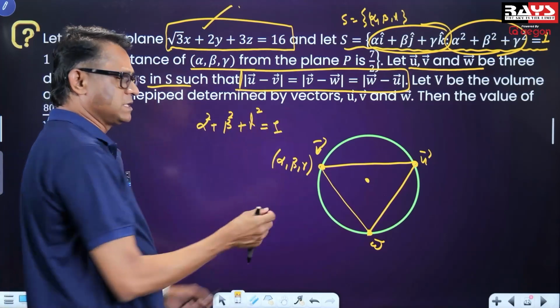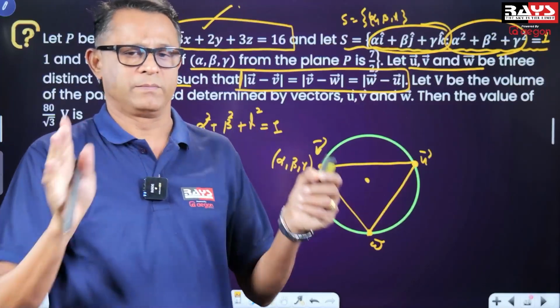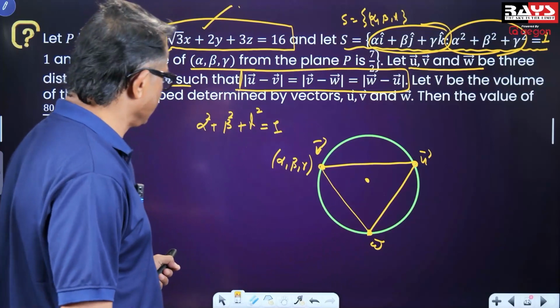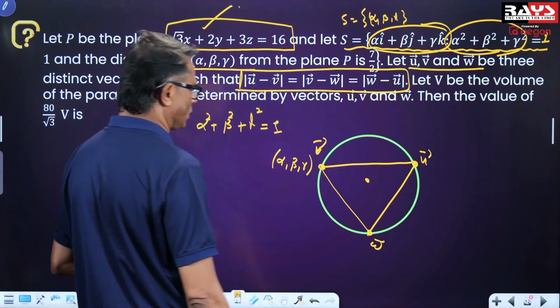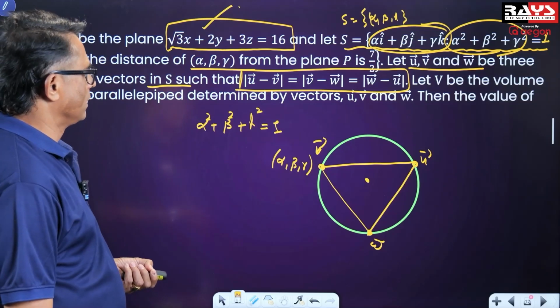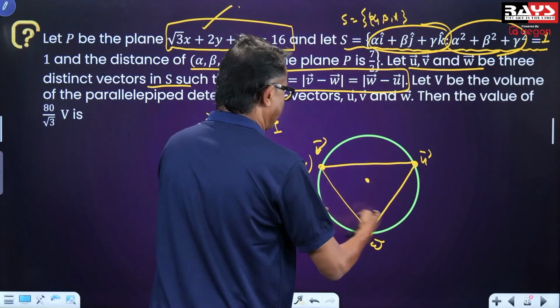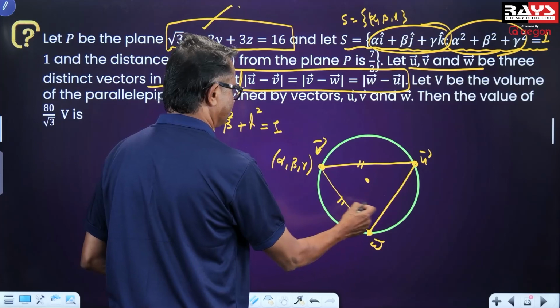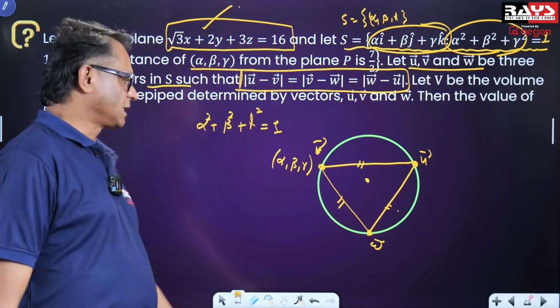Modulus of U minus V means distance between U and V. So modulus of U minus V is equal to modulus of V minus W equal to modulus of W minus U. That means this is an equilateral triangle. These 3 sides are equal. Understood?